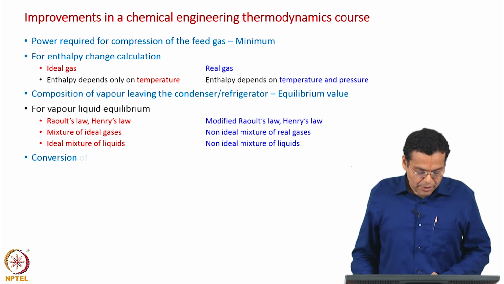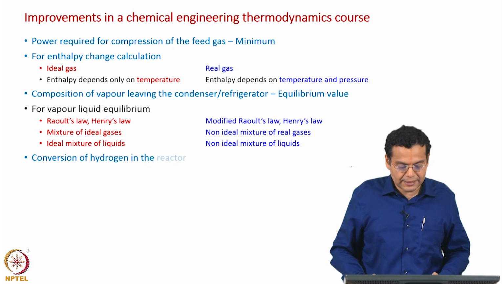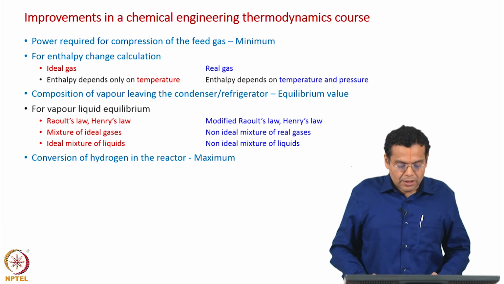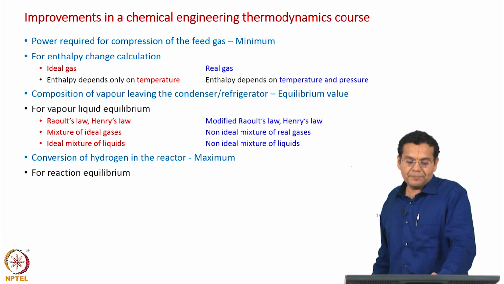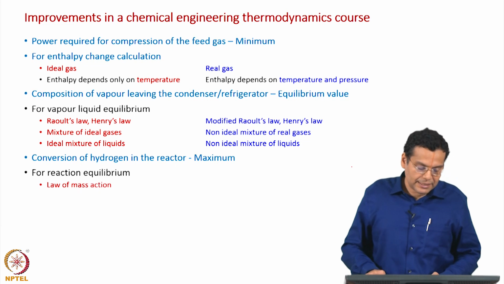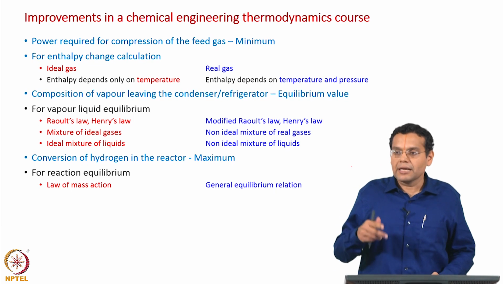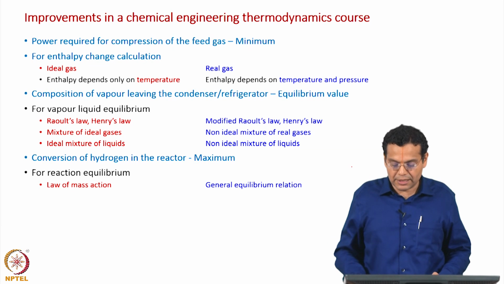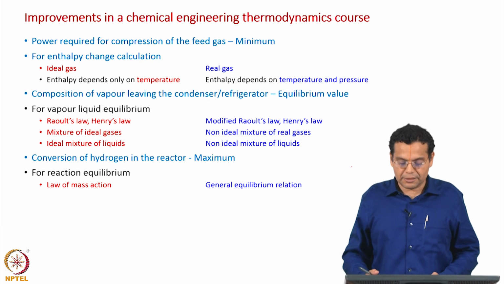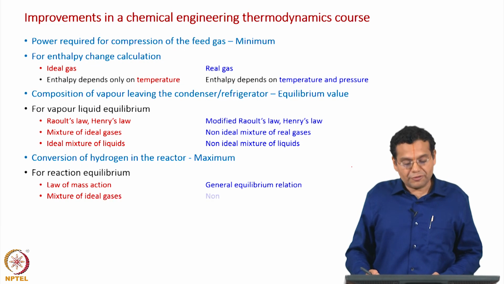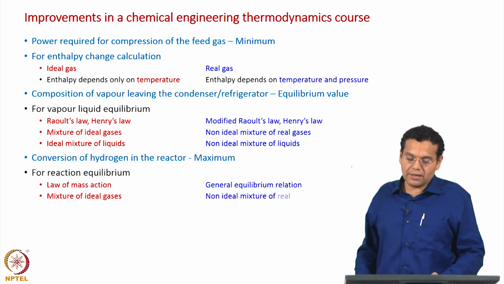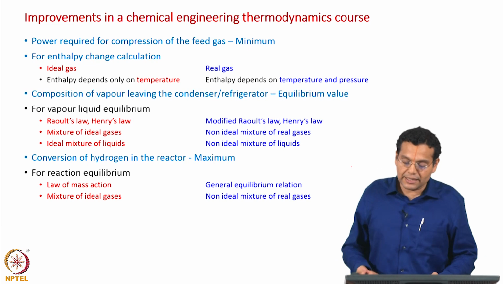Now, coming to the conversion of hydrogen in the reactor, we assume of course reaction equilibrium, we assume the law of mass action, but we will use a more general expression based on a general equilibrium relationship. We also assumed a mixture of ideal gases; here again we will assume a non-ideal mixture of real gases.